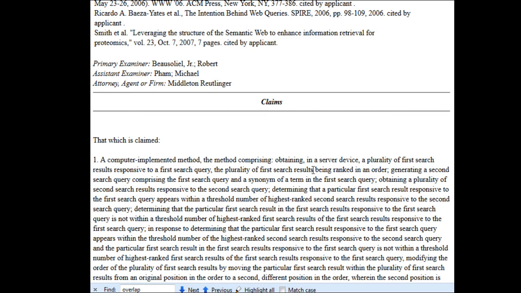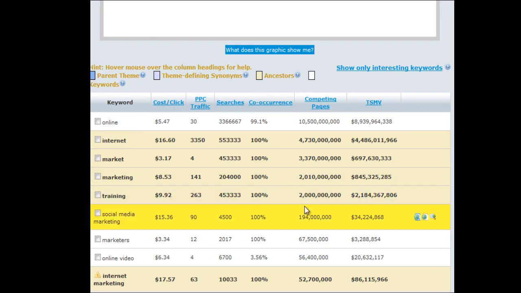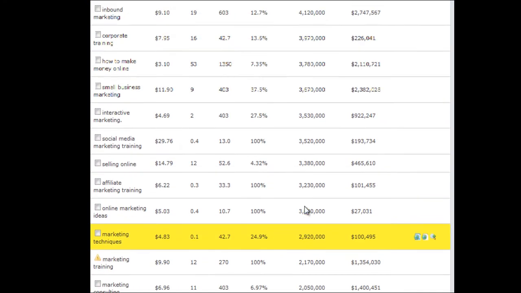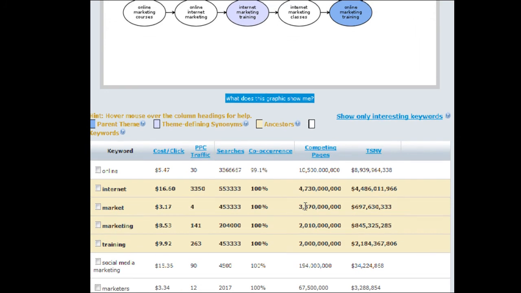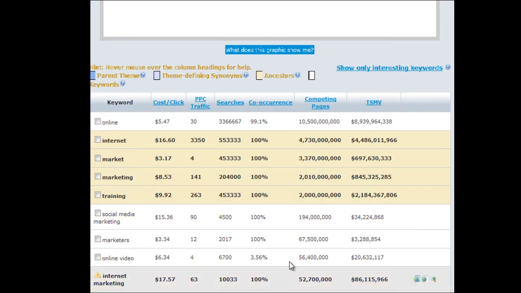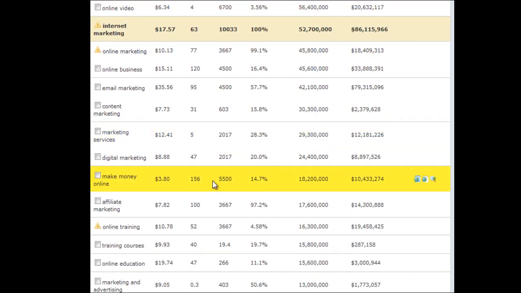So this is why when you're back over here looking at Kraken and you're trying to decide what it is that you want to rank for, what keywords you want to include in your website, you want to think about synonyms. You want to think about as many different ways of expressing your idea as you possibly can. So you want to look for these ideas that have got high co-occurrence, and you want to try and include those on the same page.